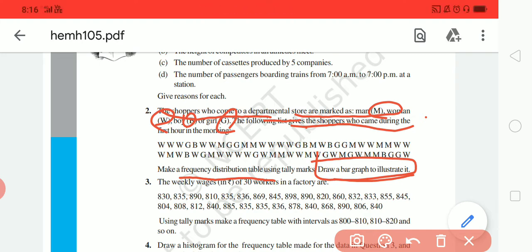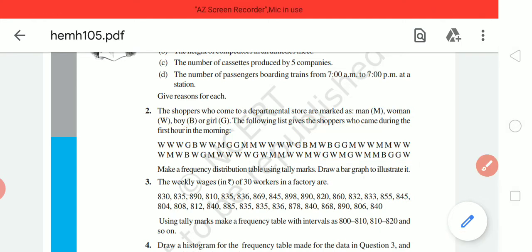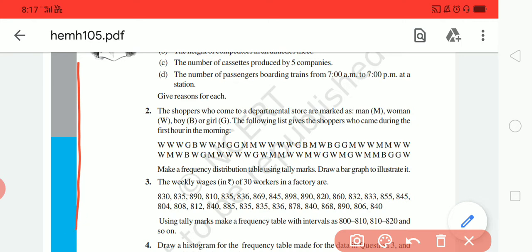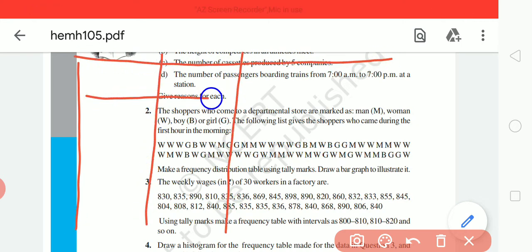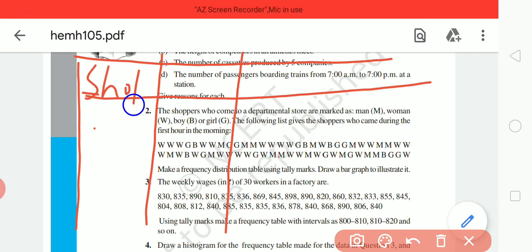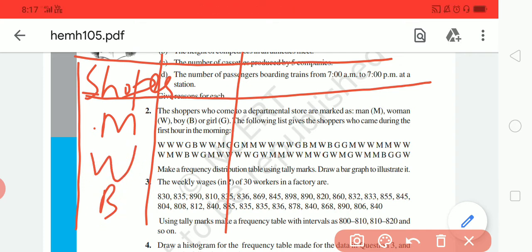So I give you an explanation about the tally marks here. For the tally marks you will draw this kind of table.